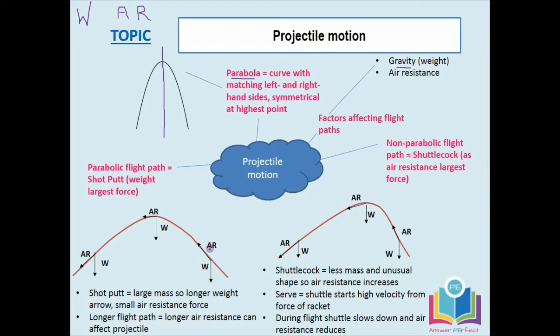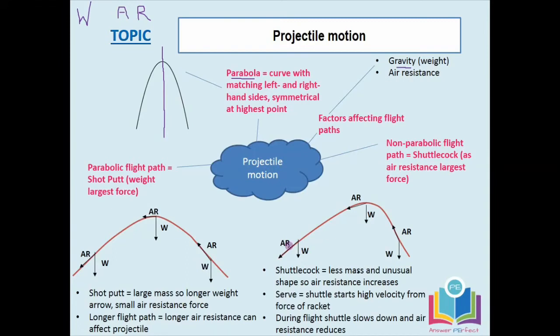As you can see here, the weight is greater than the air resistance at every point in that flight path. If we've got a projectile with a lighter mass, so looking back at the shuttlecock then, air resistance becomes the largest force, which means it starts to follow a non-parabolic flight path. And it becomes a distorted parabola.